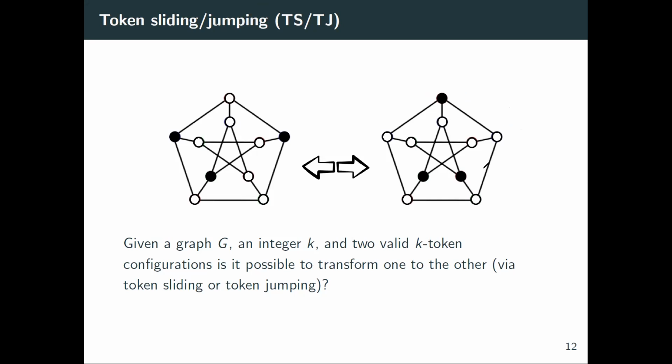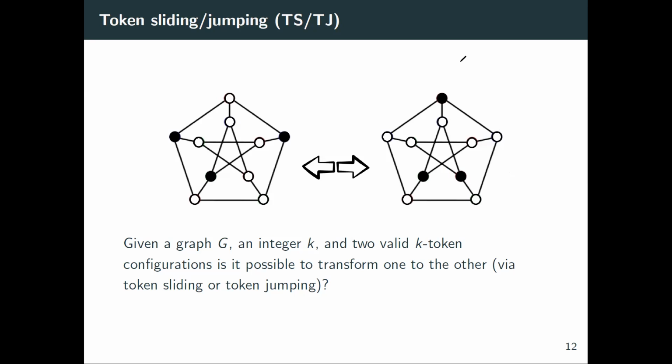Or I could also take this token here and jump it to this vertex here. So that, no, actually that would violate the independence. So you can jump to any other vertex as long as you maintain independence. And we call that the token jumping rule.